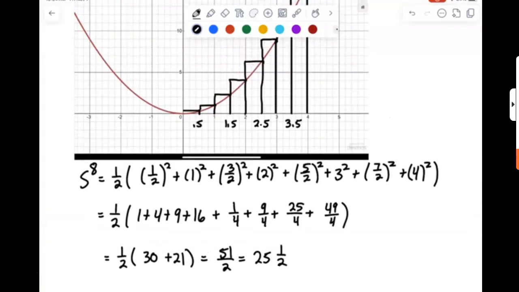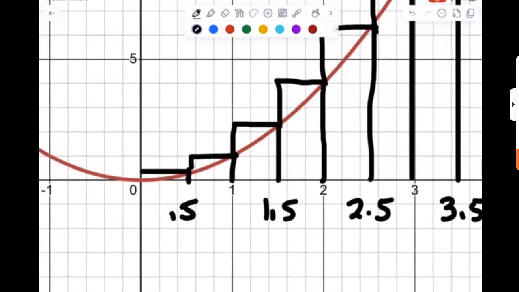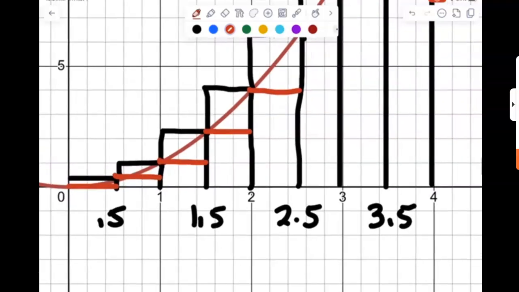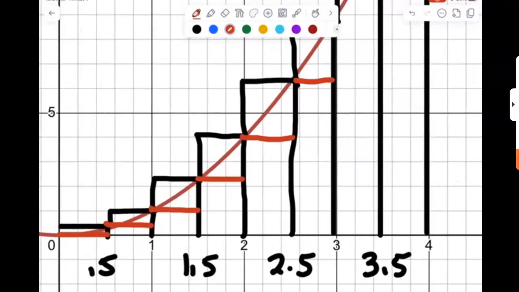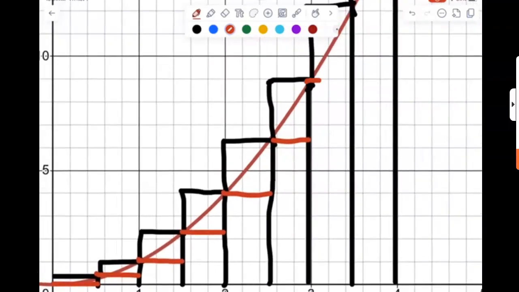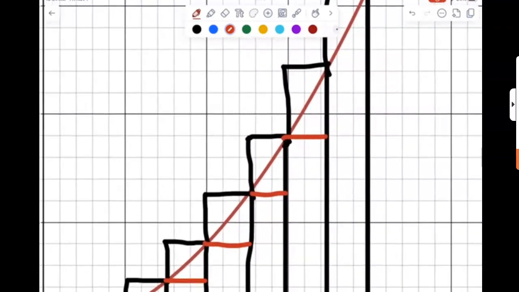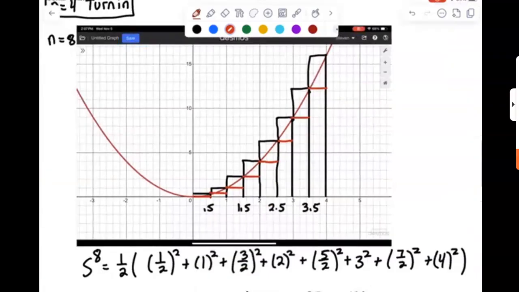Okay. And then we do the same thing for the lower estimate. We go through and we do that. So the lower estimate, we would take the lowest height possible, which would be 0 to start off with, then at 1/2, then at 1, then at 1.5, then at 2, then 2.5, then at 3, and then finally the last one will be at 3.5's value. Okay, and we work those out.